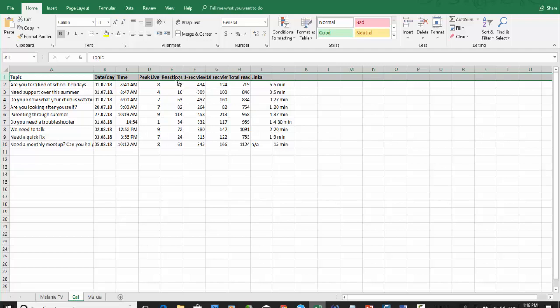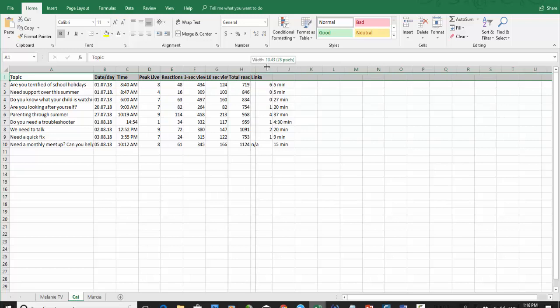And also reactions, so how engaged your audience was during your Facebook Lives or during the replay. We didn't use any ads at that point, that's why I don't take into consideration paid reach.